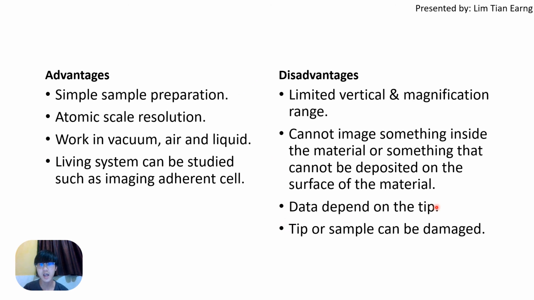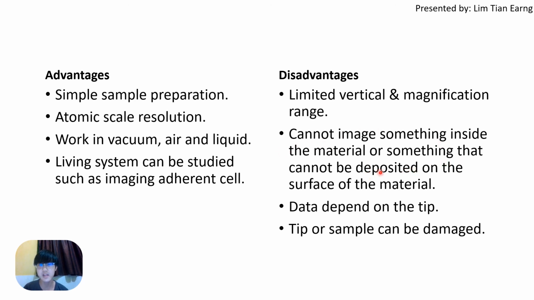The disadvantages are like a limited vertical magnification range. You need to know that actually the things you are measuring are of a very small size only, so it's limited. And this is one of the important things also.